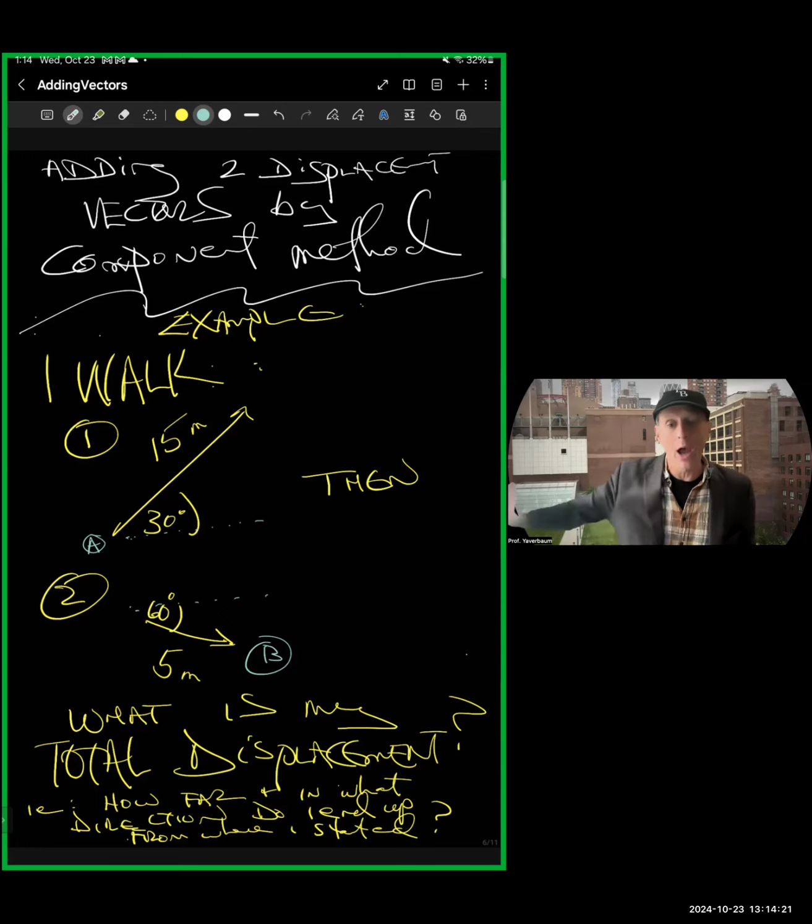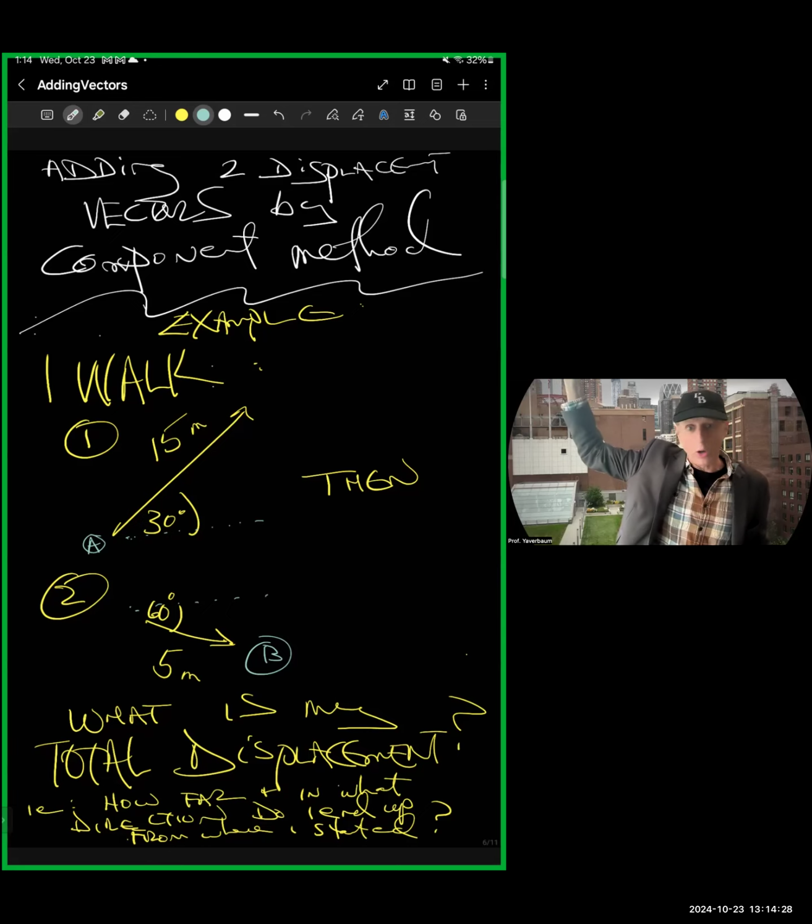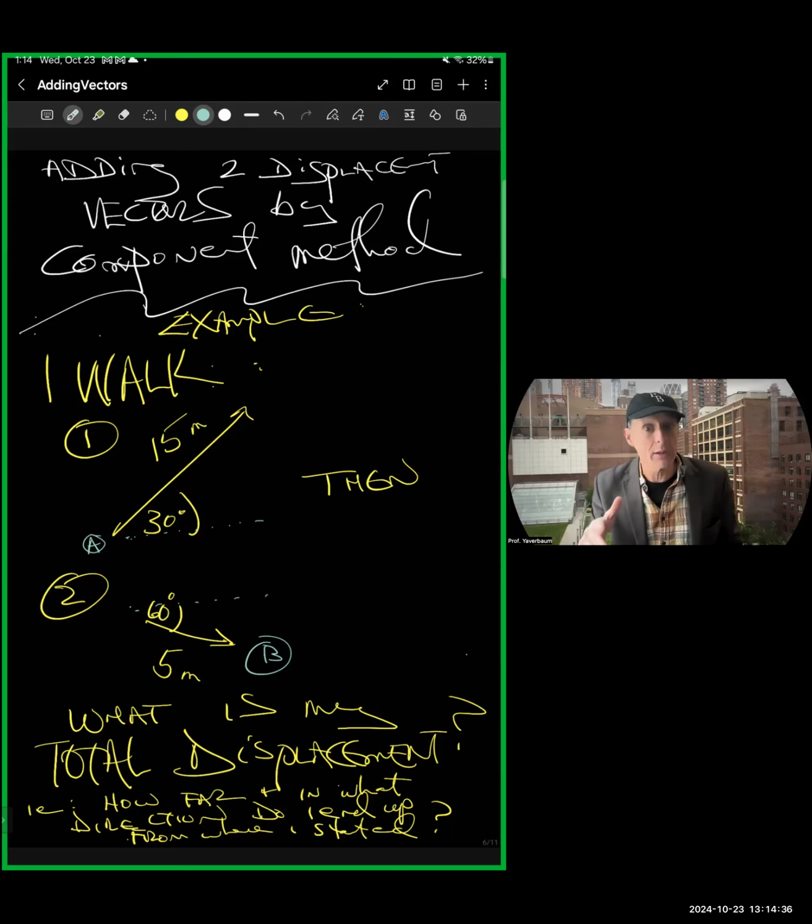But then when I get to the 15-meter mark away from the original, I rotate my body and I walk 5 meters, but in a different direction, at 60 degrees southeast, let's say. So in space, I've walked like that. And the ultimate question is, what is my total displacement for this entire journey?